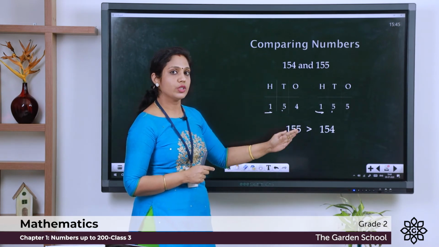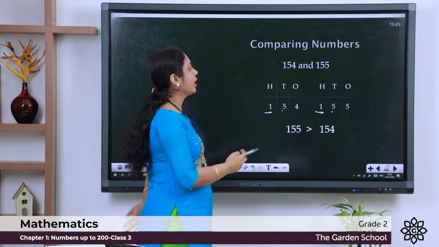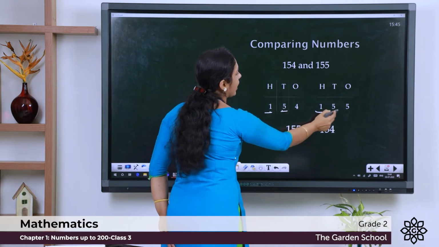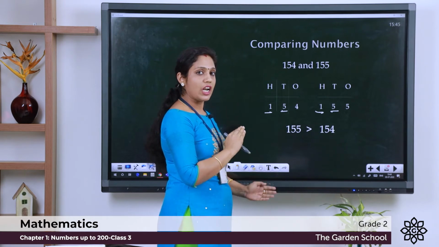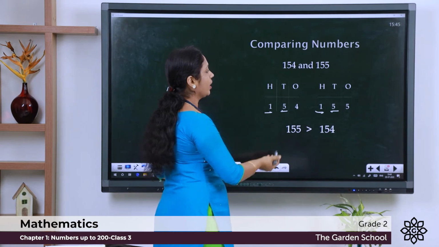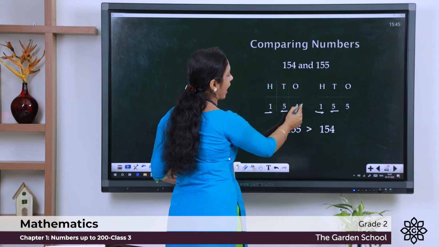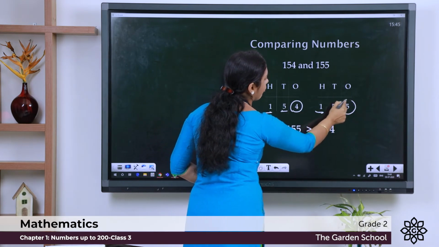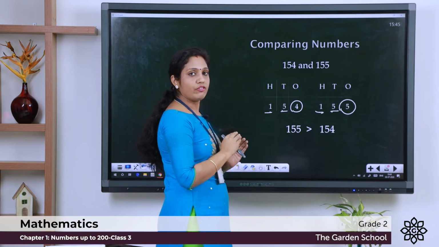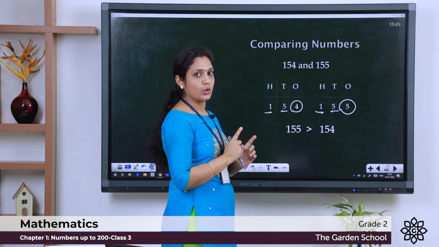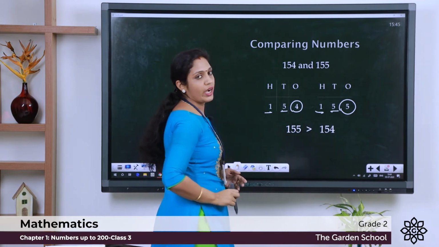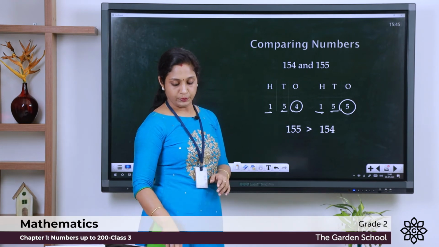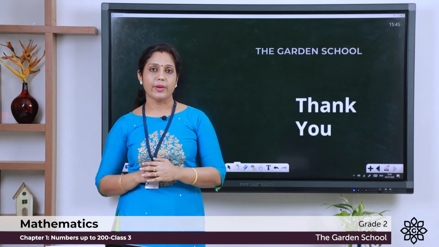So, let's move on to the tens position. In the tens position, we have 5. This also is same. Now, let's move on to the ones position. Here we have 4 and here we have 5. So, we know that 5 is greater than 4. So, we can say that 155 is greater than 154. Hope you understood how to compare numbers.